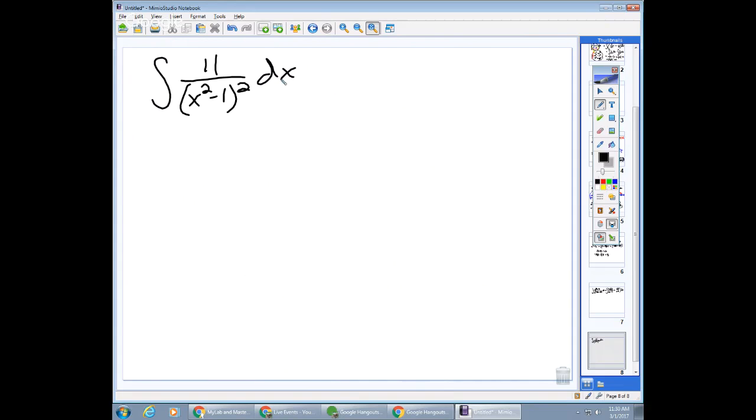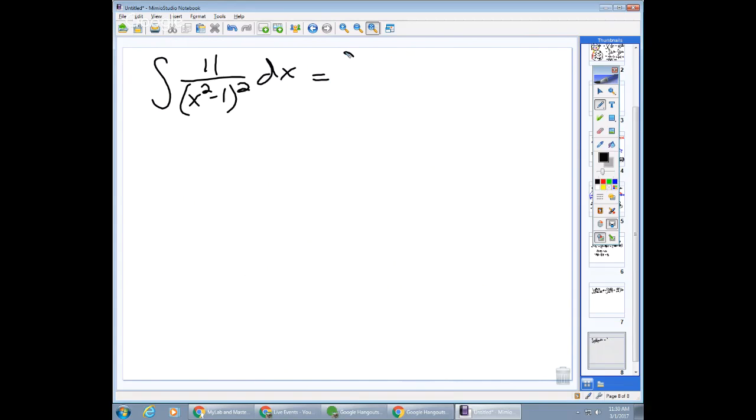First step is to factor the denominator. Yeah, so if we can factor the denominator, we have to. Otherwise, it gets messy. So note x squared minus 1 is really x minus 1 times x plus 1, and that's being squared.